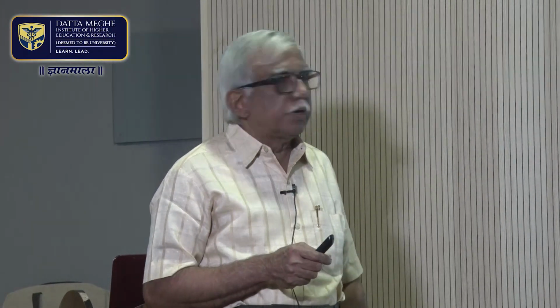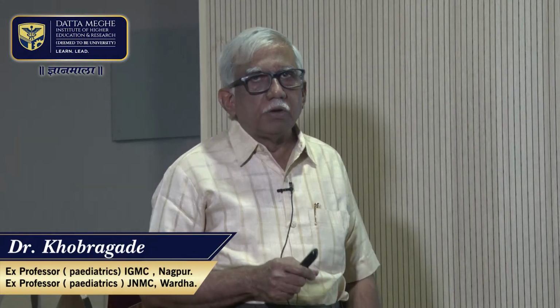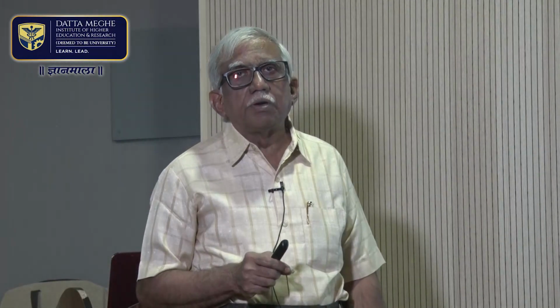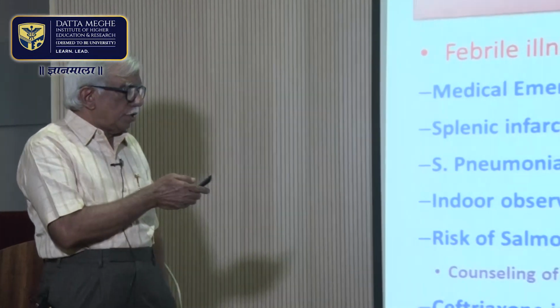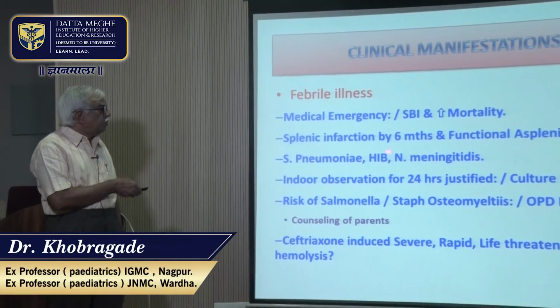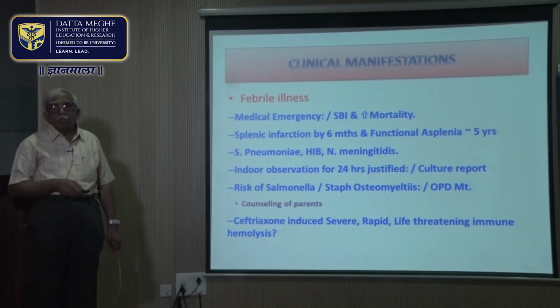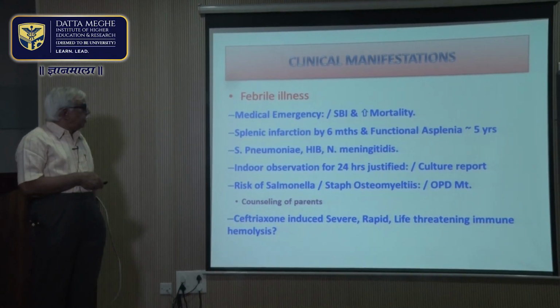Capsulated organisms like pneumococcus, salmonella, meningococci and Haemophilus influenzae flourish in the absence of opsonin activity, and therefore these patients are very susceptible to infection. It acts as a medical emergency because there is increased mortality by virtue of this severe bacterial infection. Splenic infarction starts as early as 6 months, and functional asplenia is seen in most children by 5 years of age.